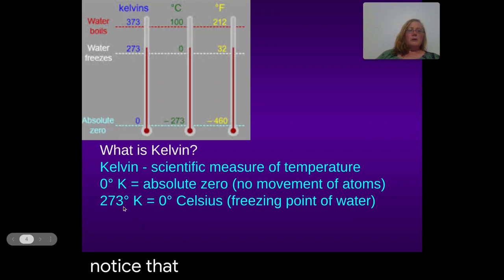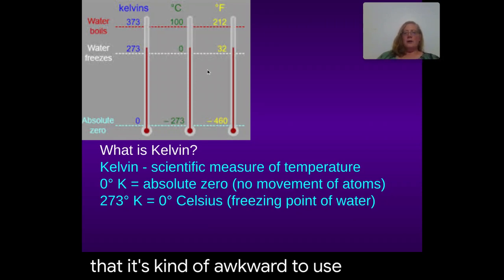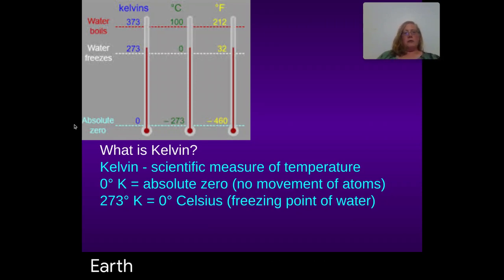Notice that 273 degrees Kelvin is 0 degrees Celsius, which is the freezing point of water. So it's different enough that it's kind of awkward to use on Earth, but we use it when we talk about temperatures in space mostly.